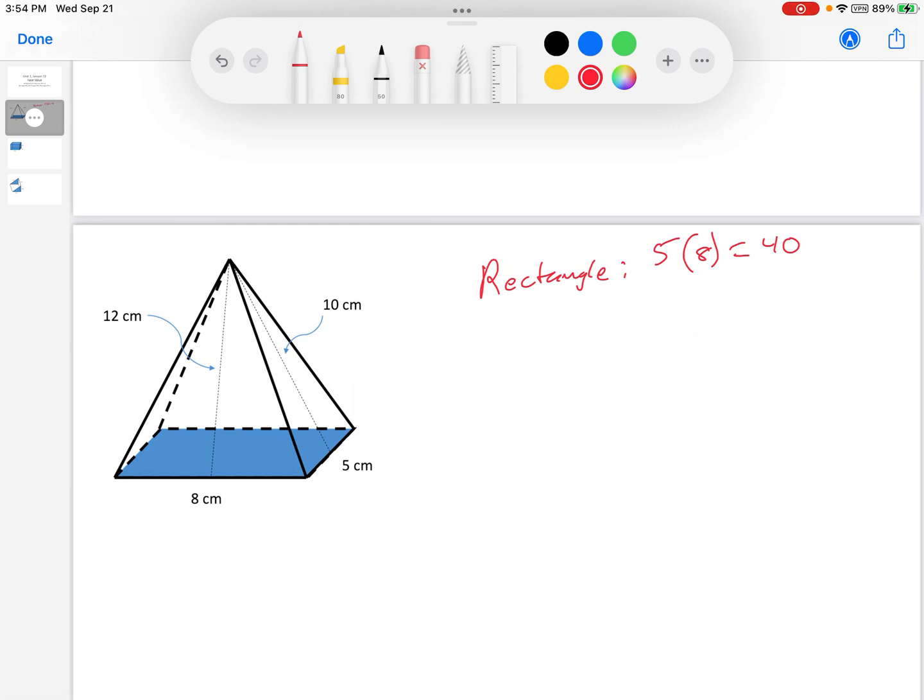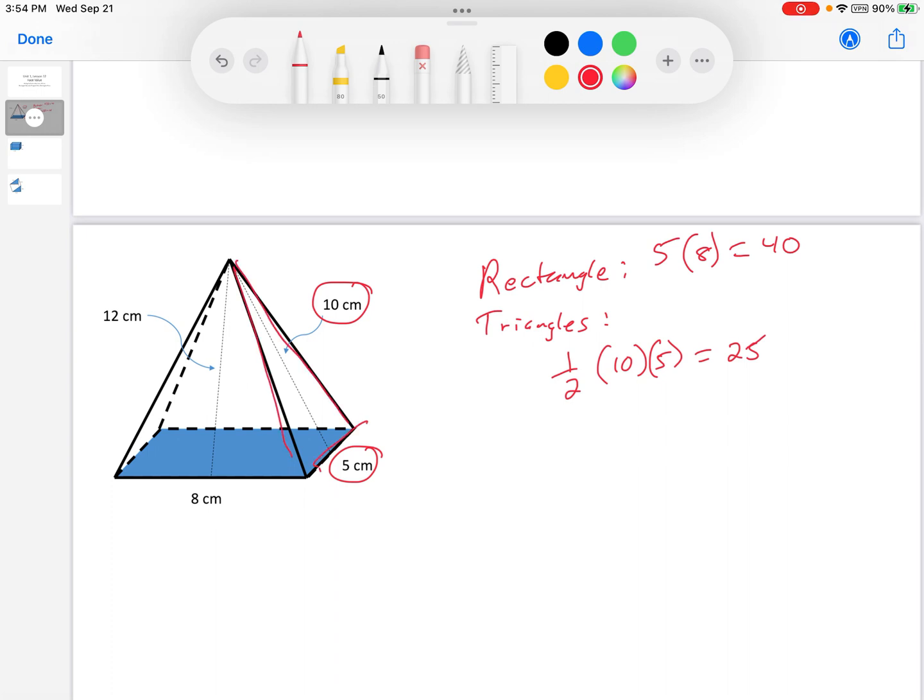Okay, now I have the triangles. There are 4 triangles because a rectangle has 4 sides, and it has to have one triangle for each of the sides. One of the triangles is 10 by 5, so we will do 1/2 times 10 times 5. Half of 10 is 5. 5 times 5 is 25. That takes care of this triangle.